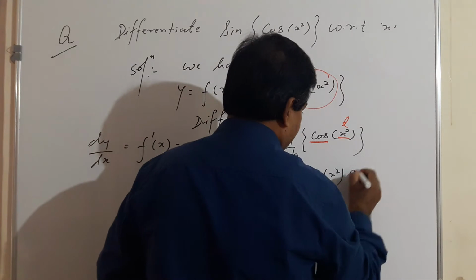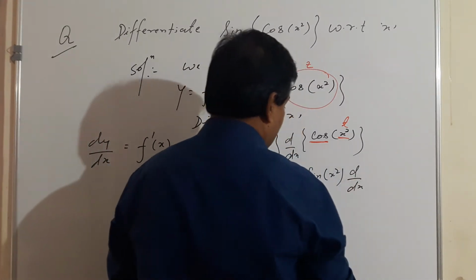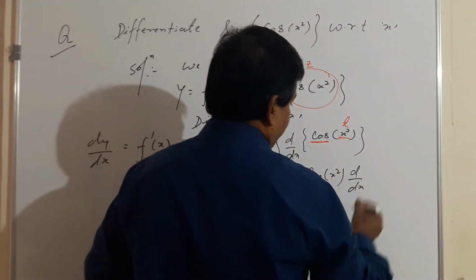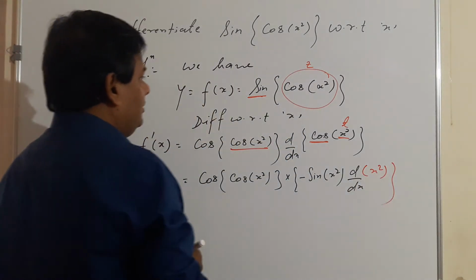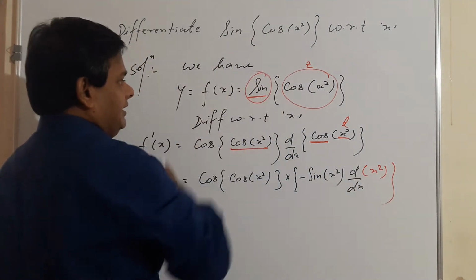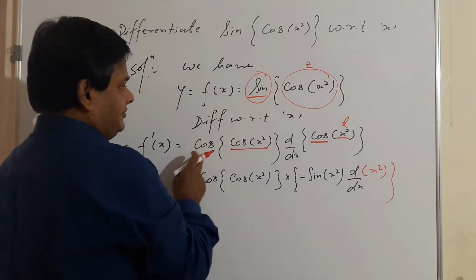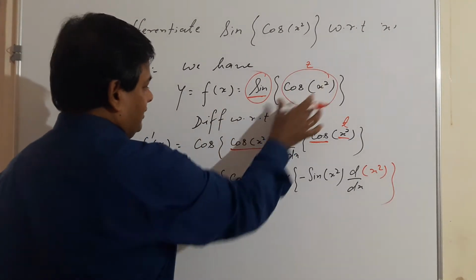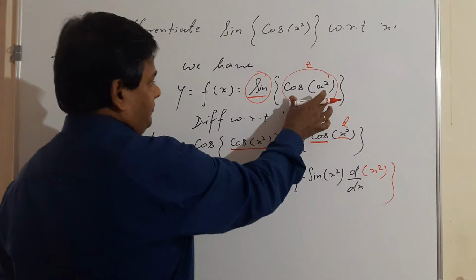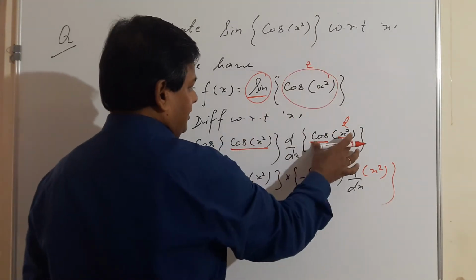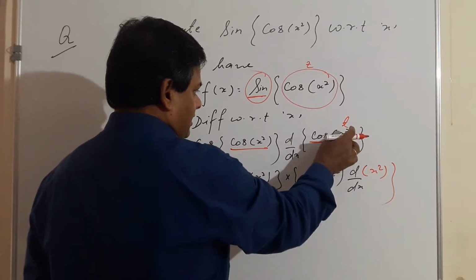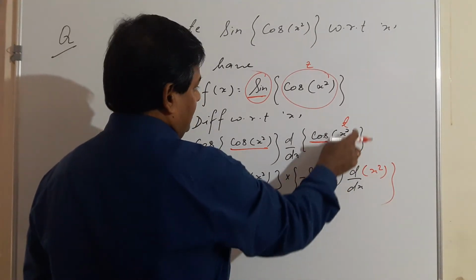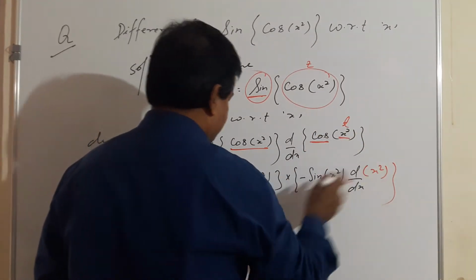So the differentiation of x². First we differentiate sin x, so the differentiation of sin x is cos, and this part is as it is. The differentiation of cos is minus sine, and x² is as it is. Now the differentiation of x².